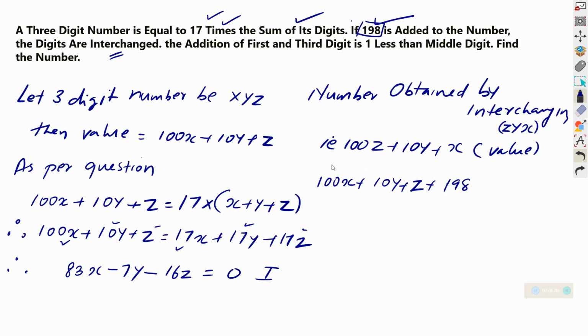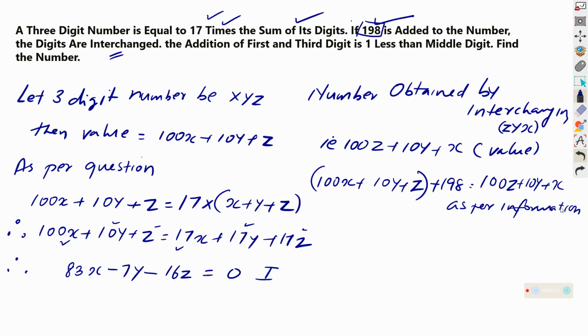The statement is that if 198 is added to the number, then the digits are interchanged. When the digits are interchanged, what is the number? 100z plus 10y plus x. This is given in the question: 198 is added to the number, and the digits are interchanged.